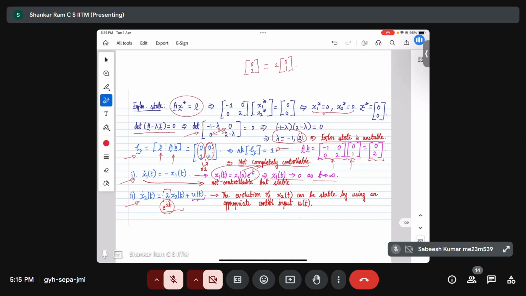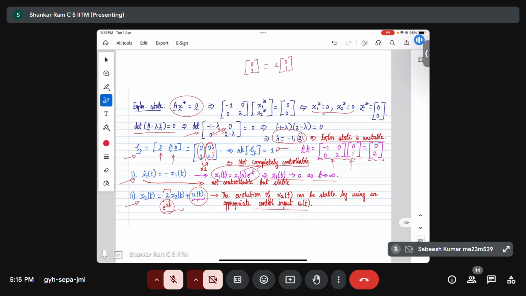The equilibrium state is unstable. However, we can still stabilize the evolution of X2 by designing a controller such that you and I can give a control input for stabilizing the closed loop system. Please remember, broadly, the purpose of control is to stabilize an unstable system to begin with or improve its performance, or sometimes both.